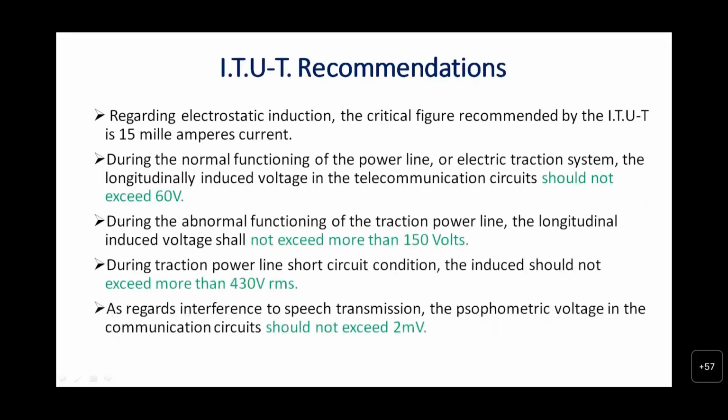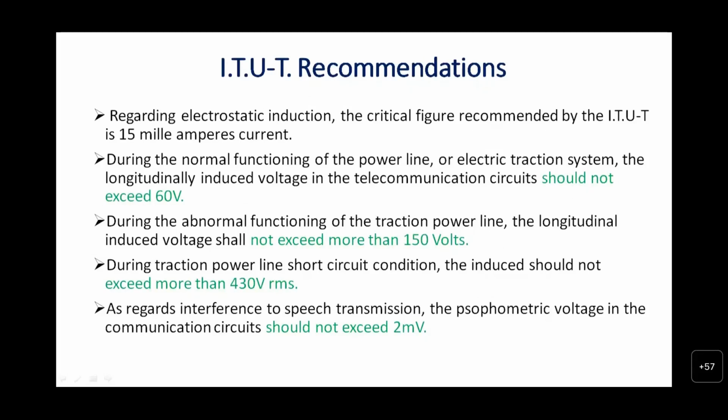There are some recommendations made by ITU for telecom for these precautions. Regarding electrostatic induction, the critical figure recommended by the ITU-T is 15 milliamperes current. During the normal functioning of the power lines or electric traction system, the longitudinal induced voltage in the telecommunication circuit should not exceed 60 volts.